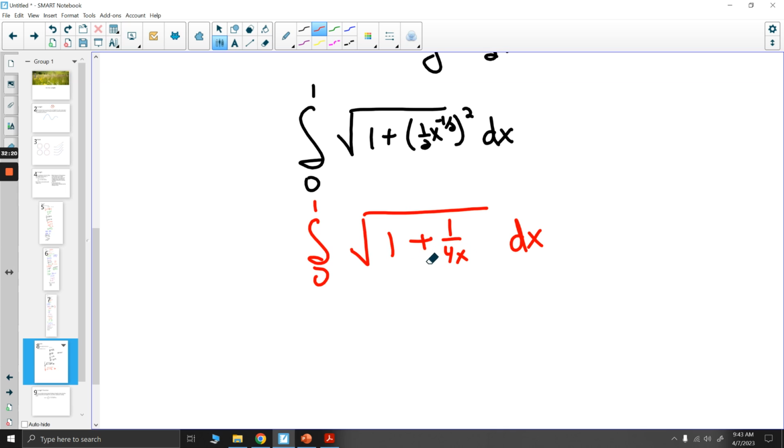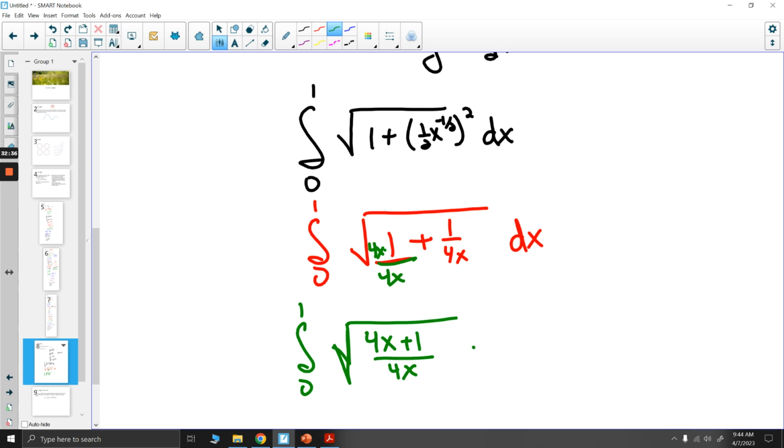We're going to now combine these things. These are two fractions. Let's combine them. This needs a 4x, top and bottom. So we end up with the square root of 4x plus 1 over 4x, integral from 0 to 1 dx.